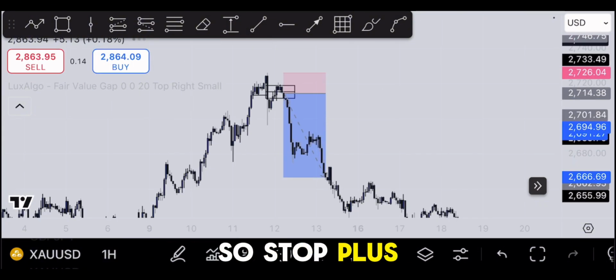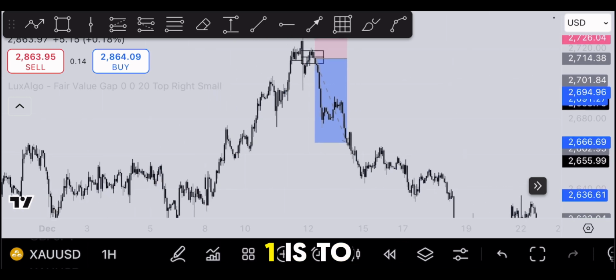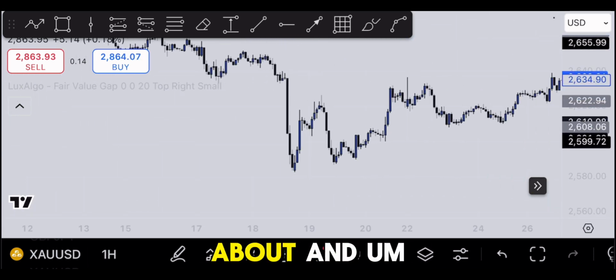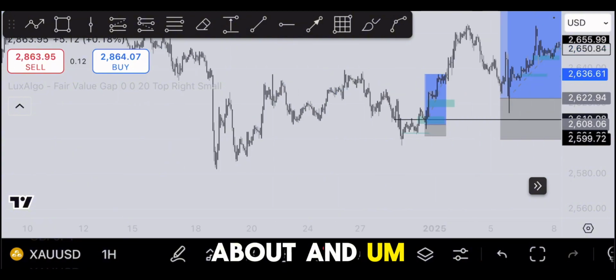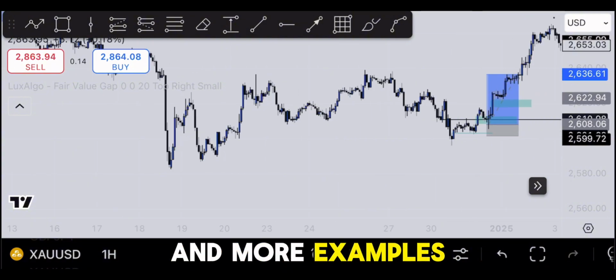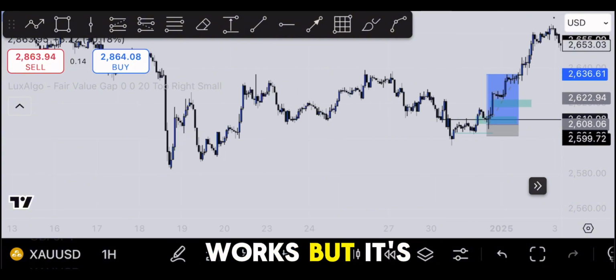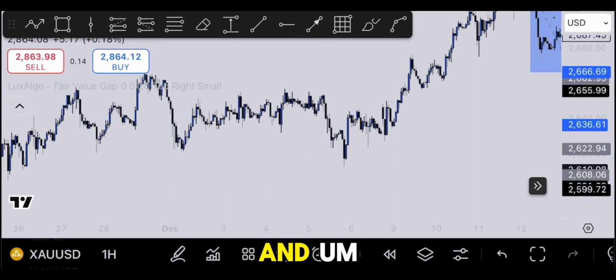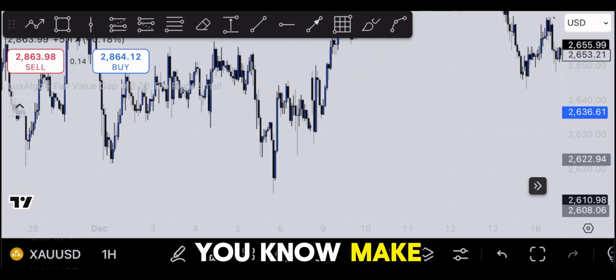So stop loss at 1, take profit at 1:4. This is a bearish example of what I'm talking about. And I could give you guys more and more examples of this on how this works, but it's basically pure price action, just knowing how to read price, and you can just make money through that.